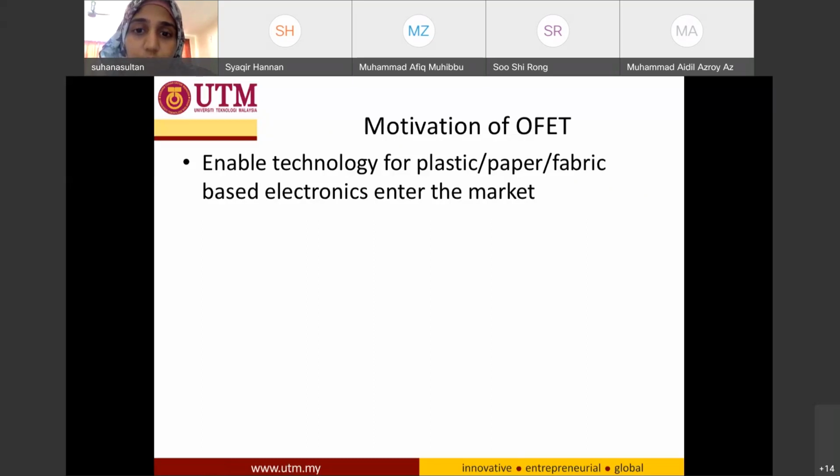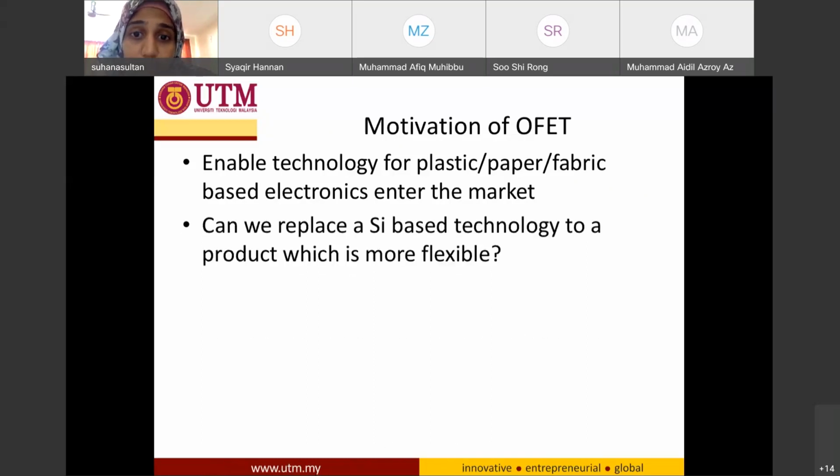So it is different from silicon. If you look at silicon, you have seen a silicon wafer, you can't actually bend it, right? So it's not flexible. So can we replace silicon-based technology with a product which is more flexible? That's the idea behind the organic field effect transistor.